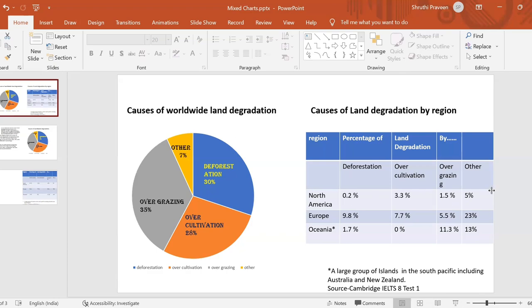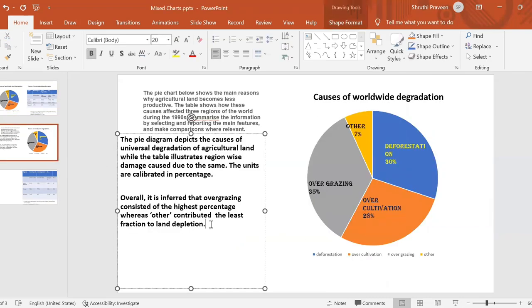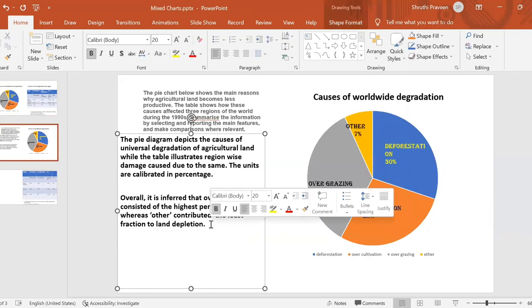So overall, North America has got the least and Europe has got the highest. Oceania is a large group of islands in the South Pacific, including Australia and New Zealand. So Europe has got the most damaged land, while North America has got the least. That can be my second key feature in the overview paragraph.